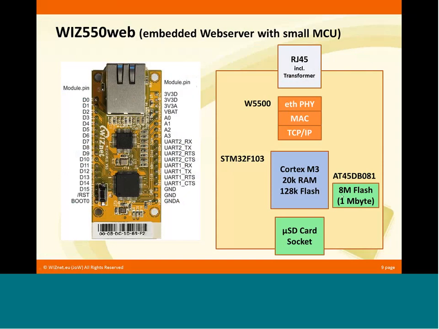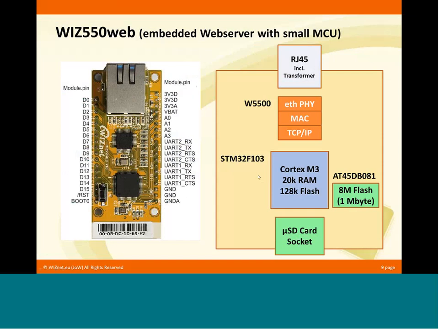So we add a big flash memory on the bottom side of this module, 1 megabyte of flash memory for pictures and HTML files and whatever you want to store. If you want to be more flexible, we have also a micro SD card socket attached to the MCU. Also here you can store your internet or web server data.